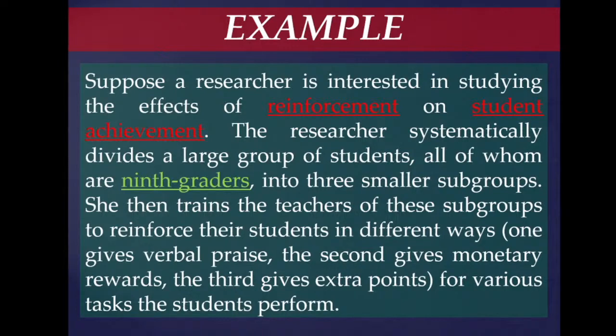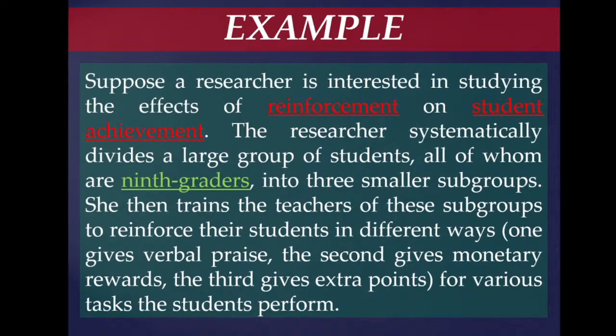We have verbal praise, monetary rewards, and extra points. Is student achievement a variable? Yes. Will one student's achievement or grade be different from the grade of others? Definitely yes. In short, we can consider both things as variables in this example.